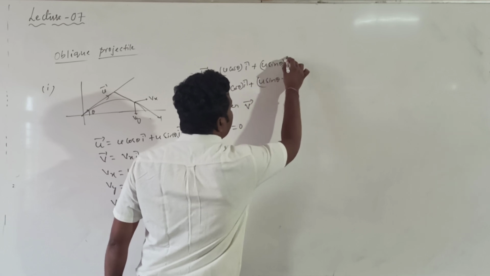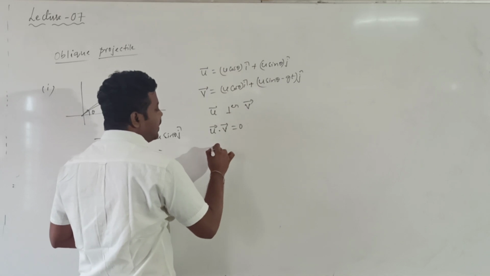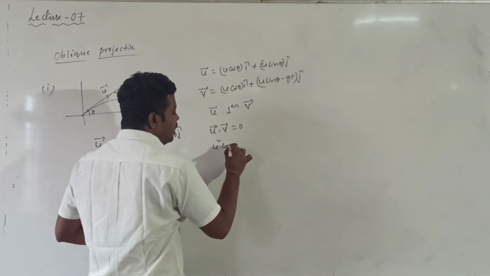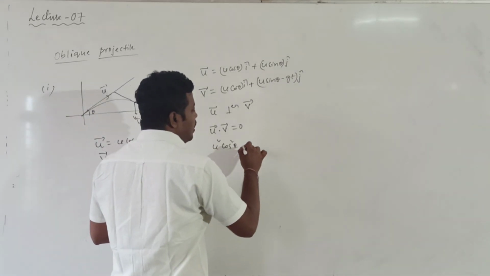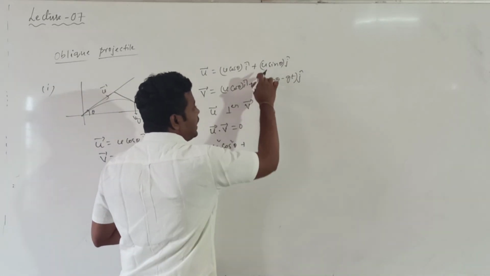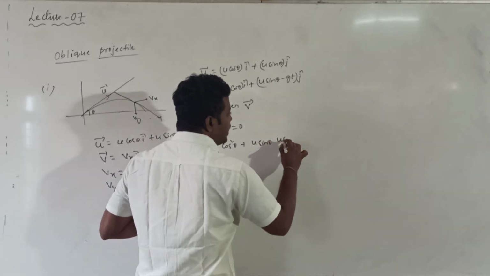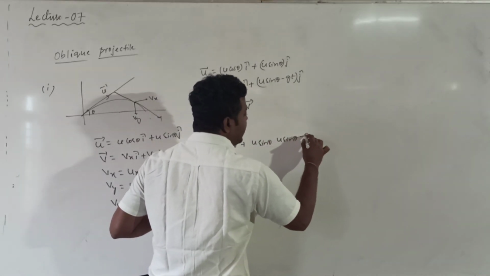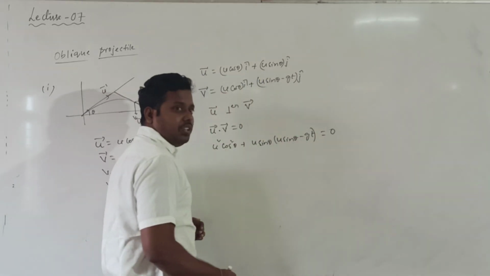Dot product: i with i and j with j. So what I will get is u cos theta into u cos theta, that is u square cos square theta, plus u sin theta into u sin theta minus g into t, equal to 0.